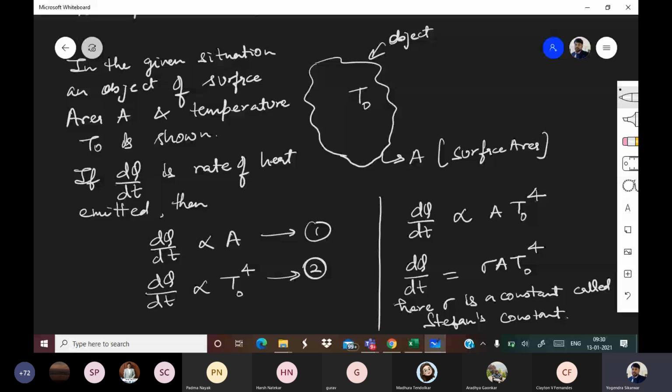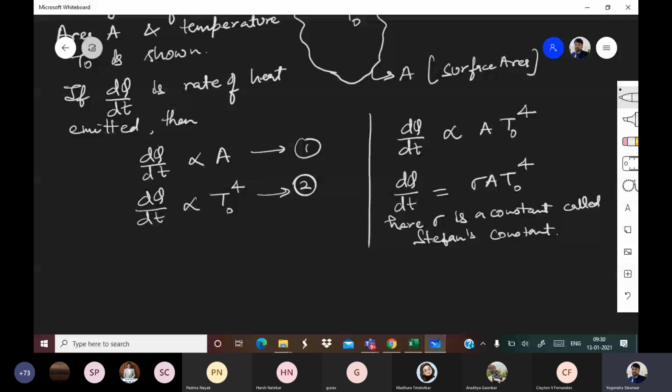Please note, the value of sigma is 5.67 into 10 to the power minus 8. How can you remember it? 5, 6, 7, 8.